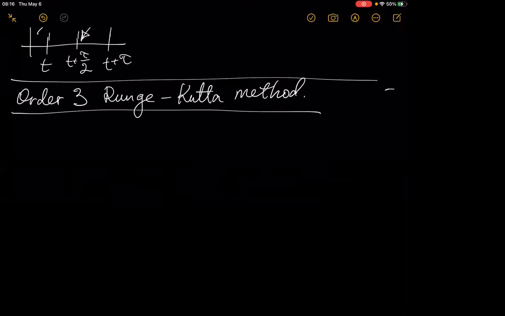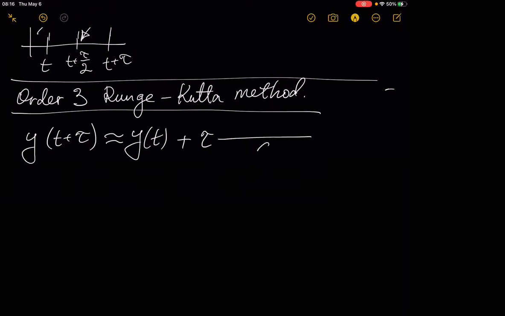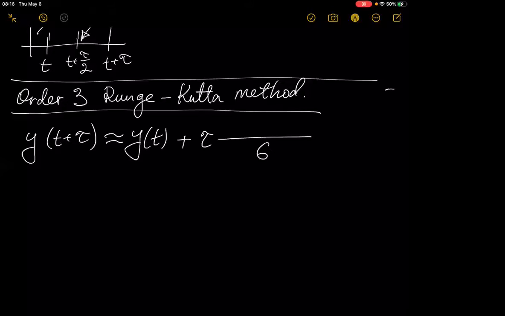Yeah. So the idea is the following, that y(t plus tau) will be approximated by y at t plus h or tau over 6, and here is S1 plus 4S3 plus S2.